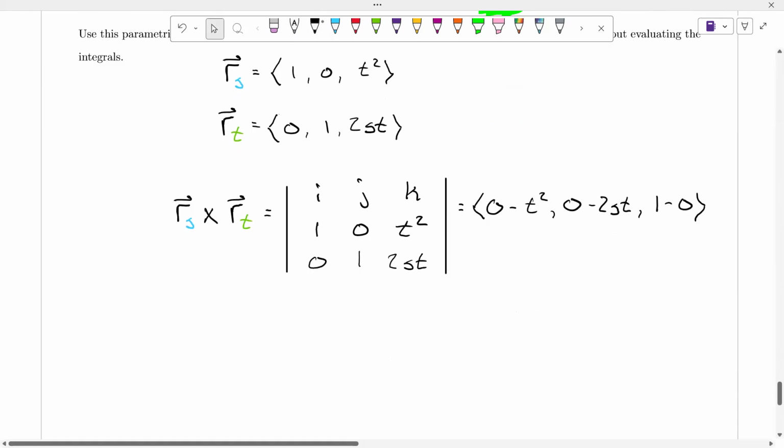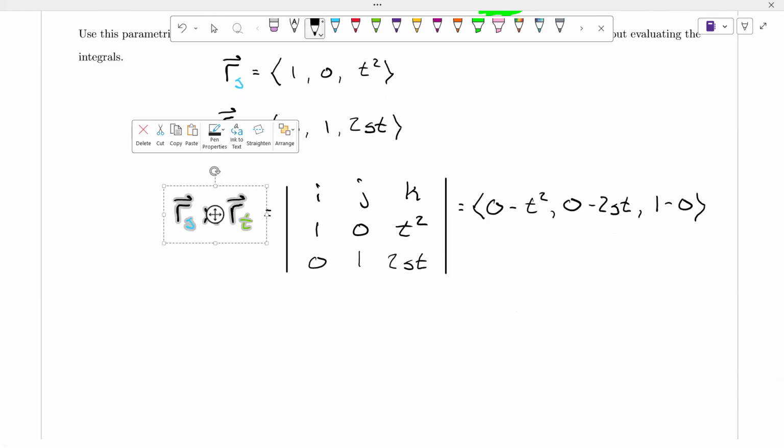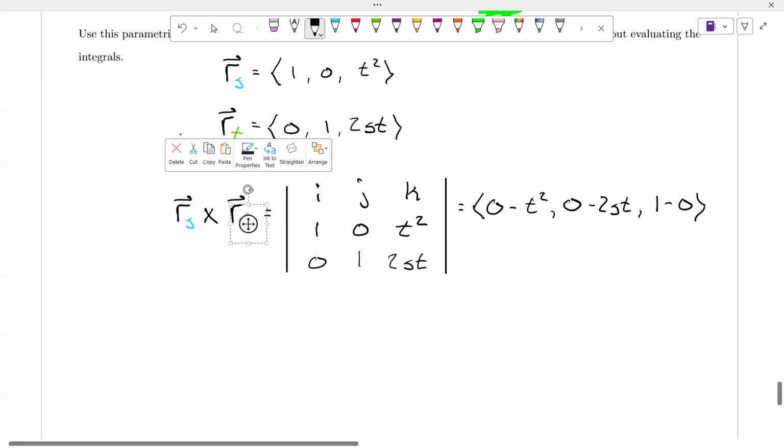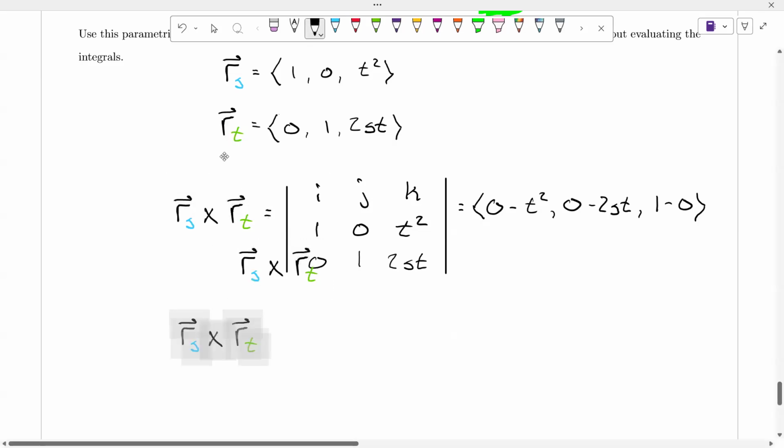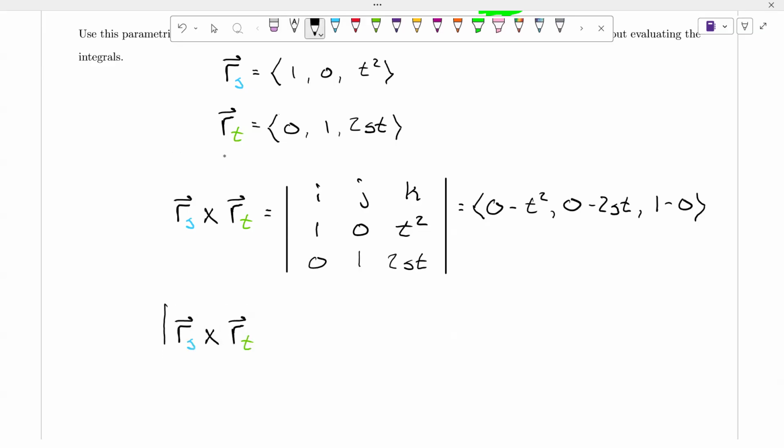Then what we really wanted was a magnitude of that thing. So let's get ourselves a magnitude written down. I don't want that to be a vector. I just want it to be a line. There we go.